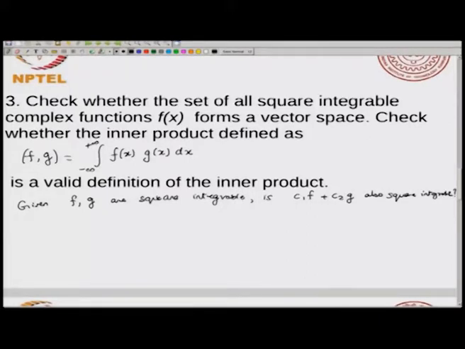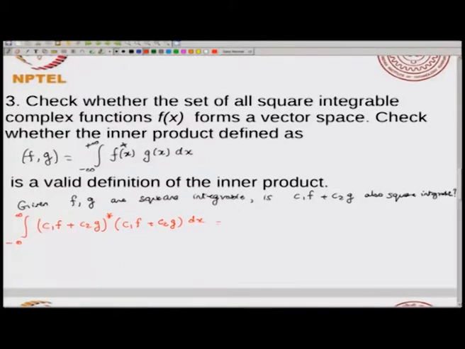So how do you check this? You calculate C1f plus C2g, take a complex conjugate, and then you take C1f plus C2g and you do this integral dx from minus infinity to infinity, and you have to check whether this is less than infinity.